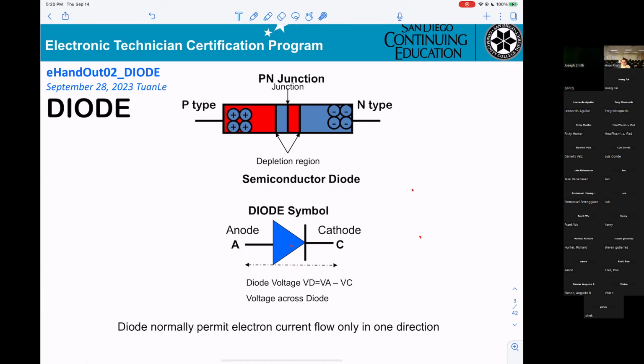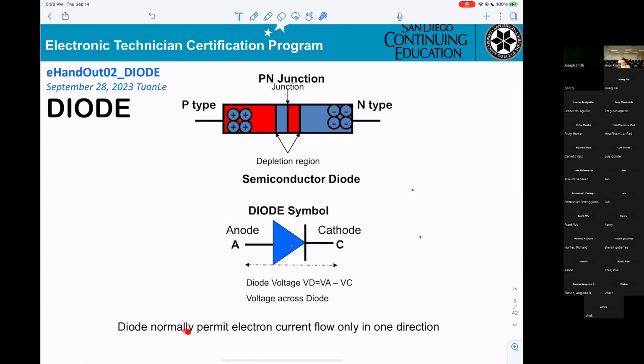So you can see diode voltage VD equals VA minus VC. Okay? We don't care about the physical. We really care about this symbol here. Okay? Make sure voltage from A to C, that's what we call VD, and has to be equal to voltage at A minus voltage at C. Okay?